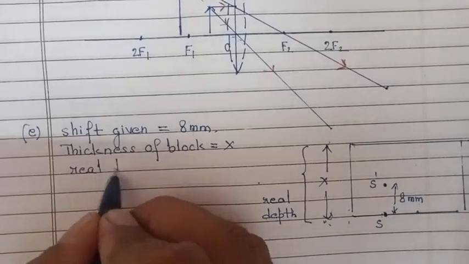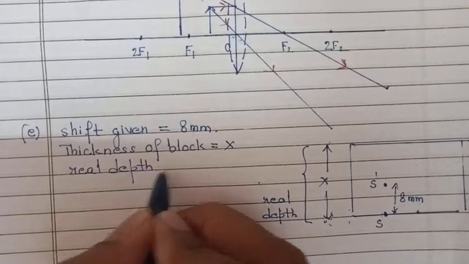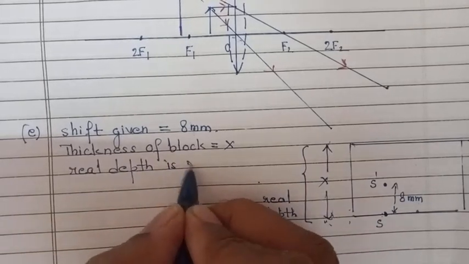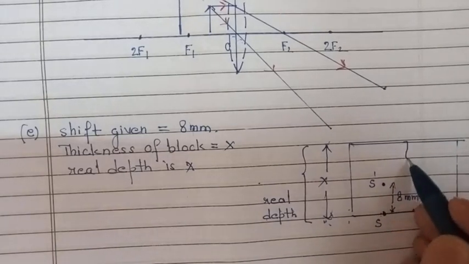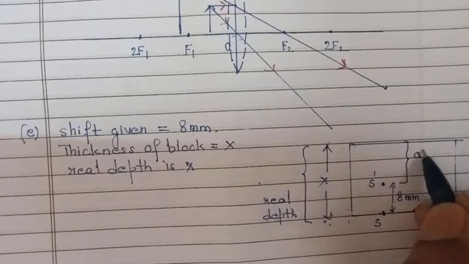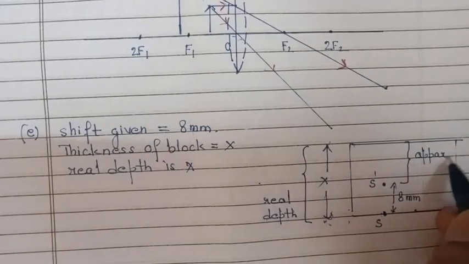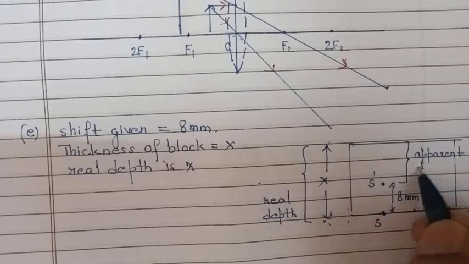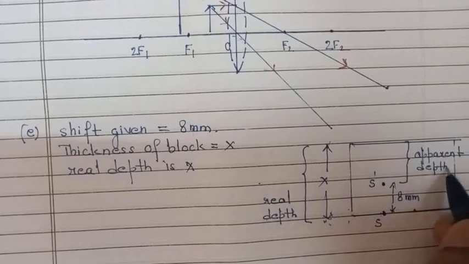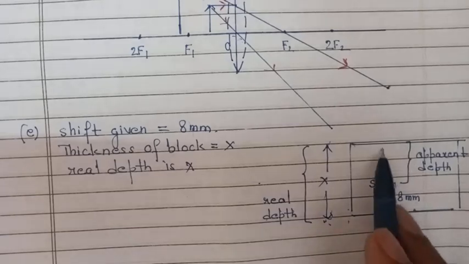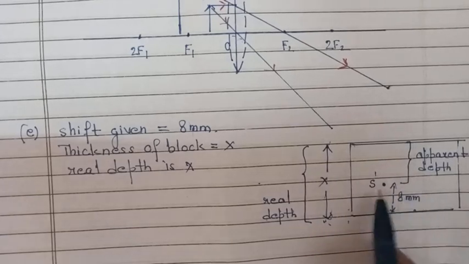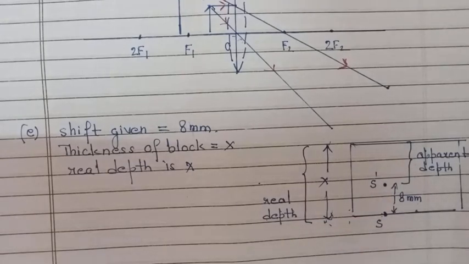Now the postage stamp appears to be at this point. So this will be known as the apparent depth. Actually it is at this point, but because of the refraction it appears to be at this point. Now how will we get the apparent depth?